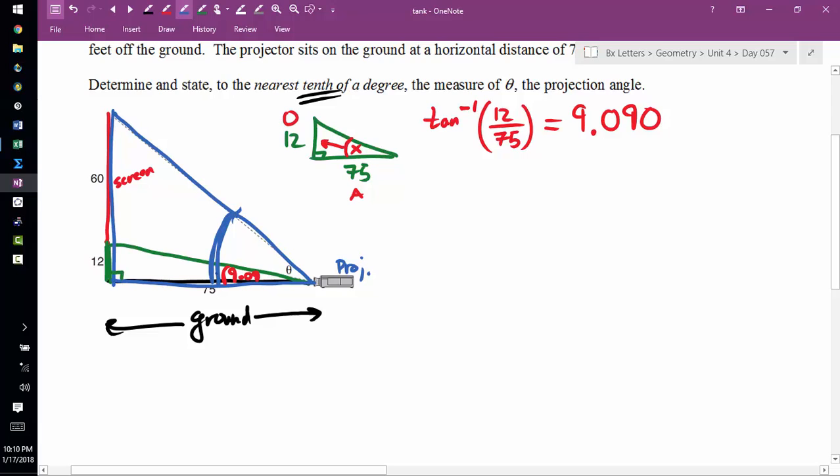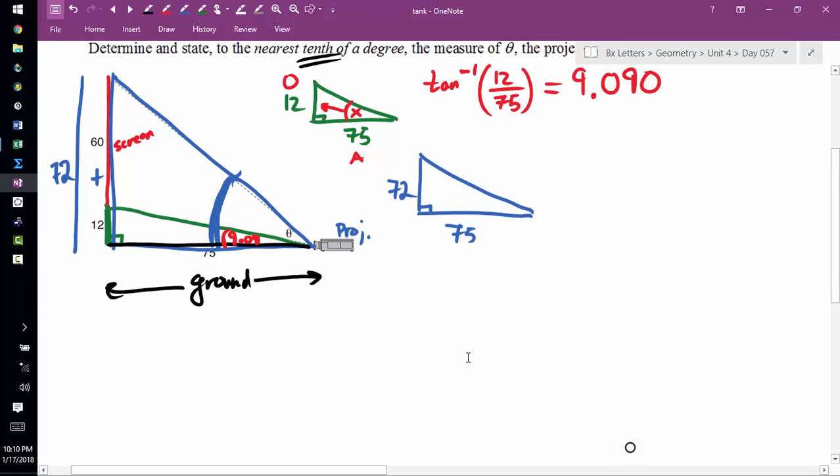Let me get that entire triangle. And I know this height is 60 plus 12. It is 72. So when I draw my big right triangle, it's going to be 72 over there and 75 down here. And I can expect an angle that's going to approximate 45 degrees, because this side is pretty close to this side, and if they were equal, that would be an isosceles triangle.